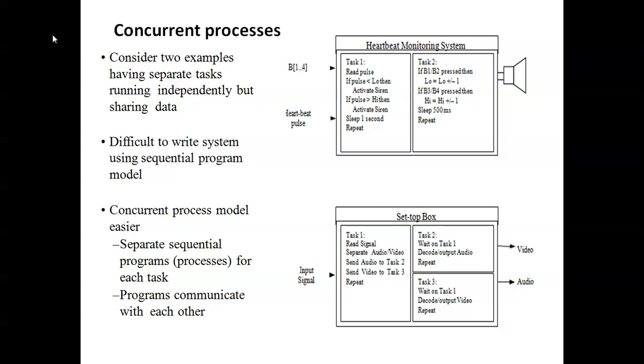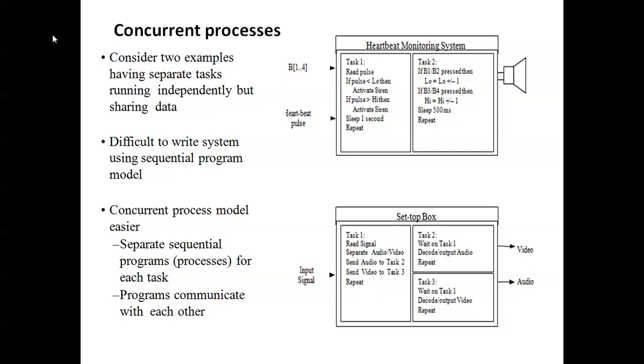Concurrent means there are two processes. For example, consider the set-top box. Sound is one process and picture is another process. These two processes should be concurrent, share the data, and work independently.